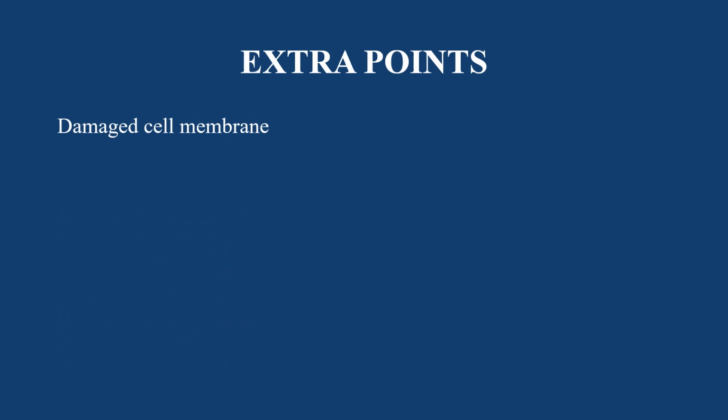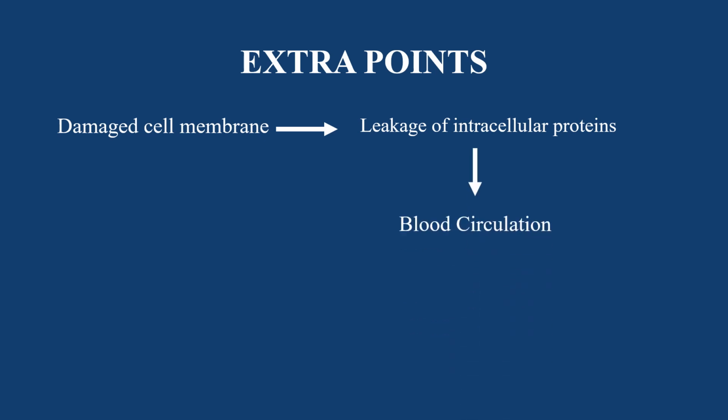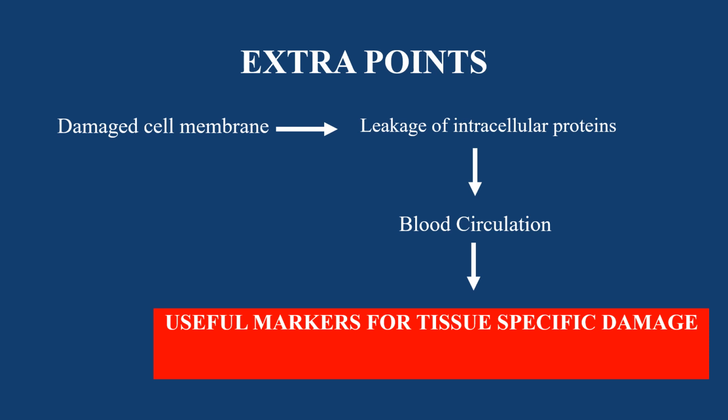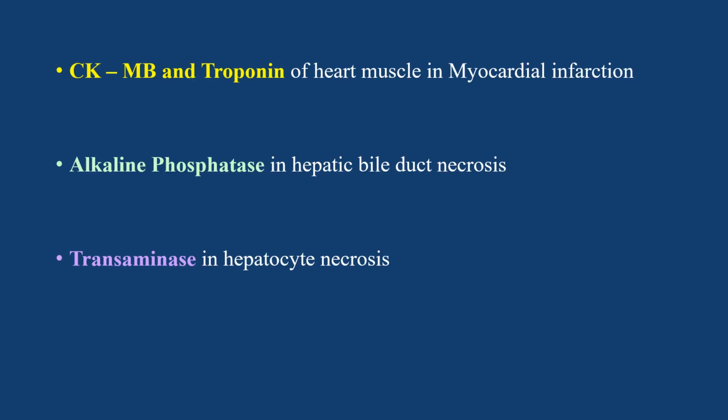Whenever there is damage to the cell membrane, there is leakage of intracellular proteins, and these intracellular proteins come up in the blood circulation as well. So if we test blood, we can detect these intracellular proteins in the blood serum sample. These intracellular proteins can be used as useful markers for tissue-specific damage.